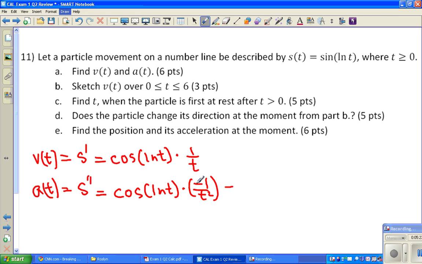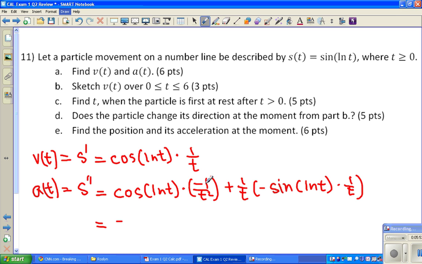Actually, in this case, it will be plus, but we will end up getting a negative sign anyway. So we have 1 over t times the derivative of this one, which will be equal to negative sine of ln of t times 1 over t by the chain rule once again. Now when you simplify this one, we end up getting negative.